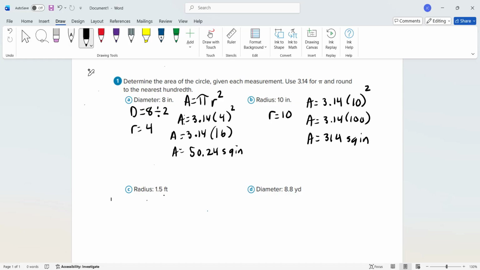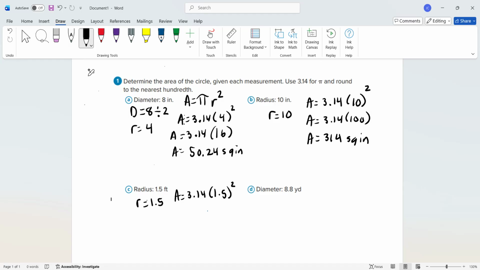Next, let's try C. For C, I have a radius of 1.5. Once again, I don't need to change anything because I already have my radius. So I do 3.14 times 1.5 squared.